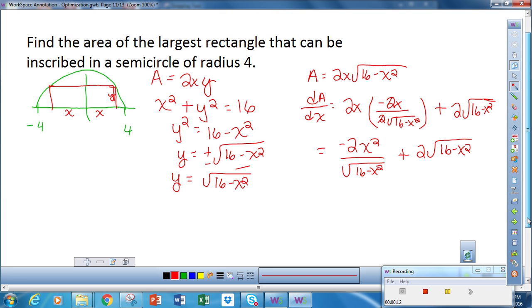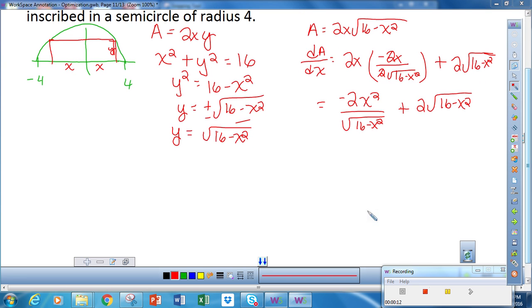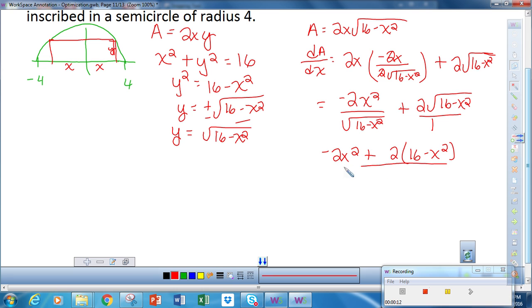Now I'm going to find a common denominator in the midst of this beautiful problem. I get negative 2x squared plus 2 times the quantity 16 minus x squared, all over the radical of 16 minus x squared.